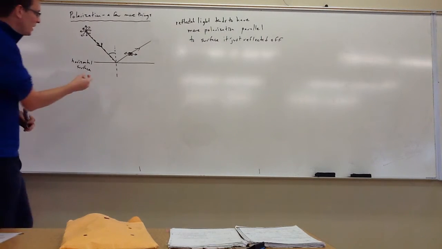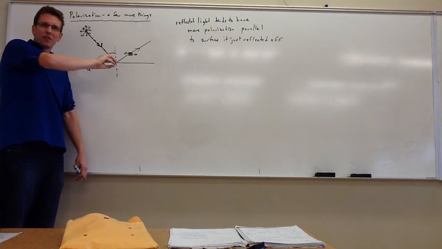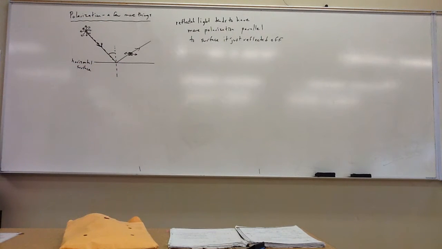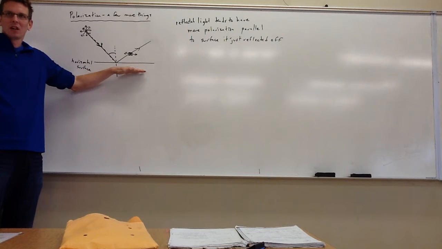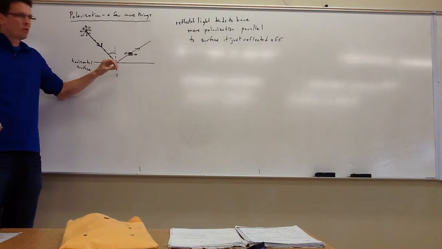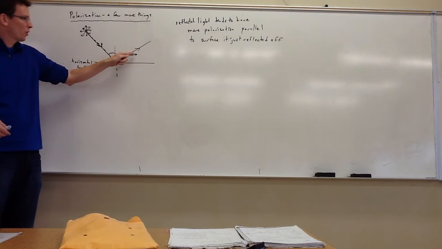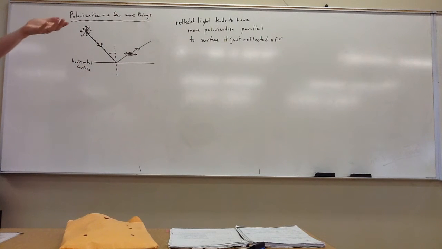And as you can probably imagine, if you're a charge, it's going to be a lot easier for you to oscillate in the plane of the surface than oscillating up off the plane, right? So it's a lot easier to oscillate in the plane where the material is than to jump up off the plane where the material sits. So it's a lot harder for charges to oscillate vertically on a horizontal surface. So the charges tend to oscillate more easily horizontally, and that's why on a horizontal surface, horizontal polarization is what they then output more frequently.